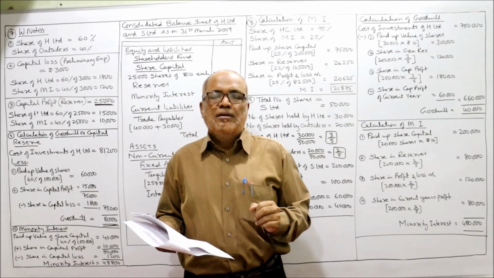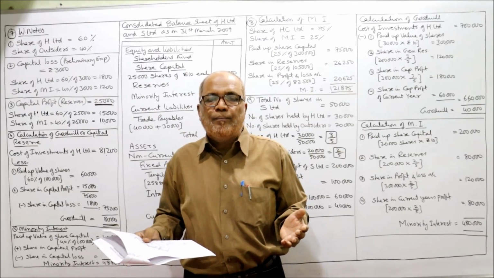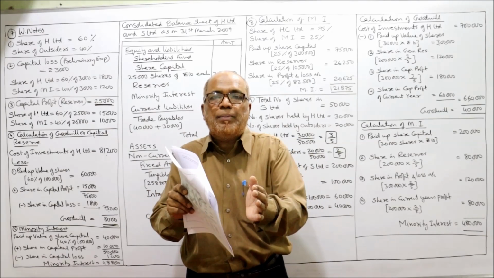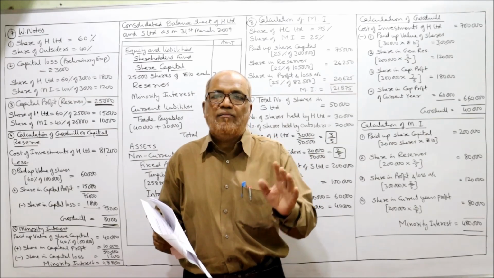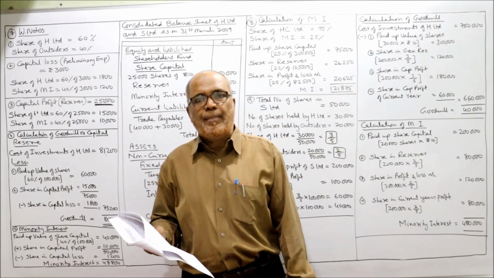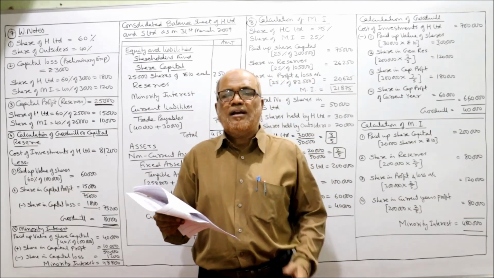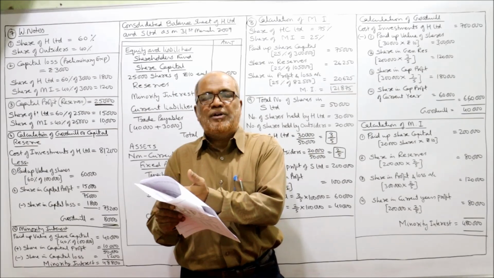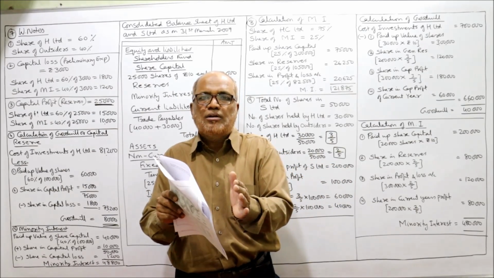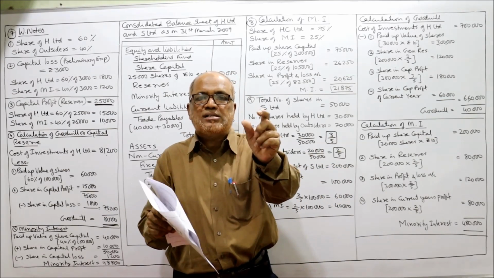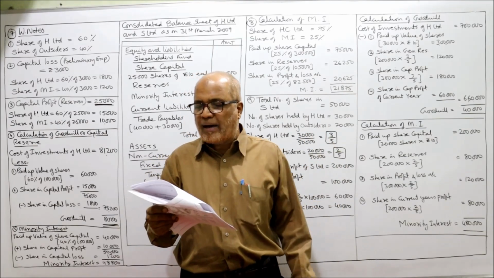Now creditors. The creditors are trade payable. We simply add up the trade payable of both the companies and we take it in the consolidated balance sheet. Asset side. Sundry assets. Sundry assets are given separately for H Limited, S Limited. Combine it, merge it and take the total sundry assets in consolidated balance sheet.